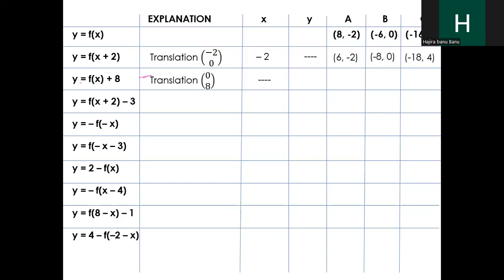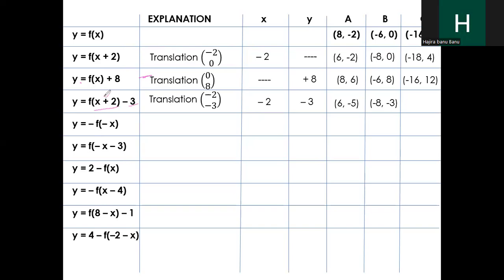You can go through the transformation. See the translation vector. Here, I wanted to show you this example. You can see that there are two transformations here: f of (x plus 2) minus 3.